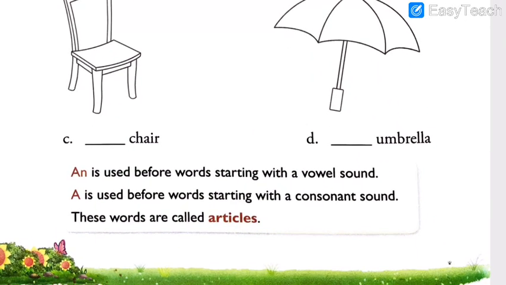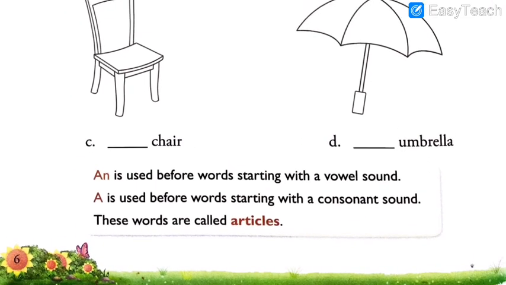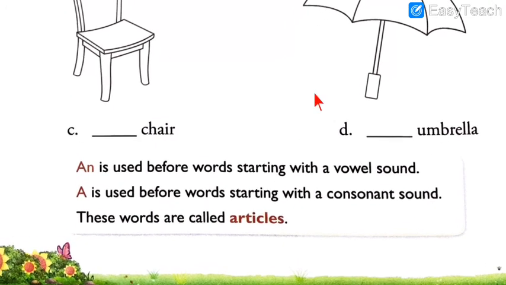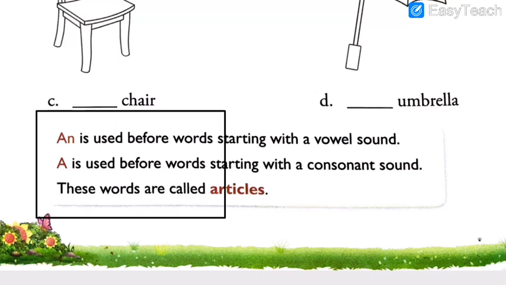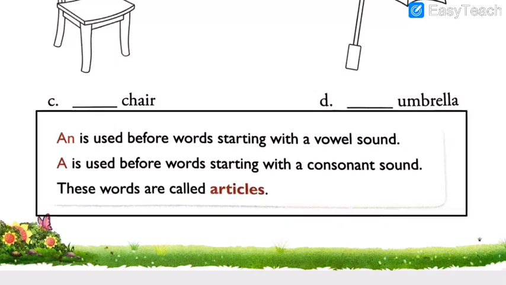To fill the blanks, you should know the proper use of a and proper use of an. So first, let us read this information written here. An is used before the words starting with a vowel sound. A is used with the words starting with a consonant sound.